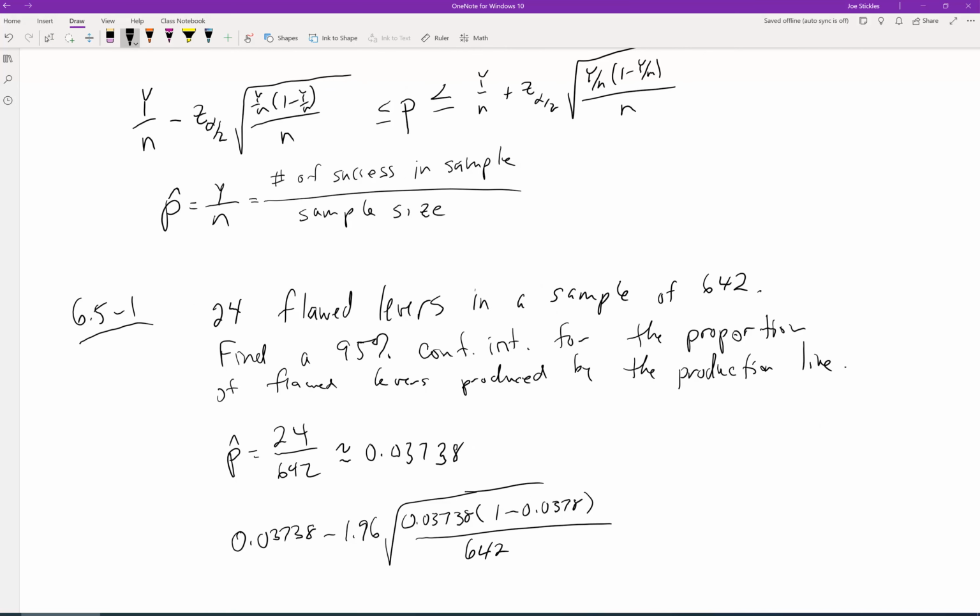The 642. So that'll be less than or equal to the P, which is less than or equal to the exact same expression, just added in the middle instead of subtracted.